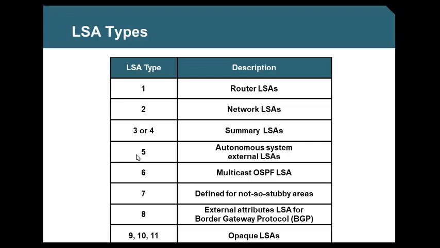You see, both type 3 and type 4 LSAs come from the same border router, but they are not carrying the same information. Type 3 carries the information of one area to the other, whereas type 4 carries the router ID of the ASBR.